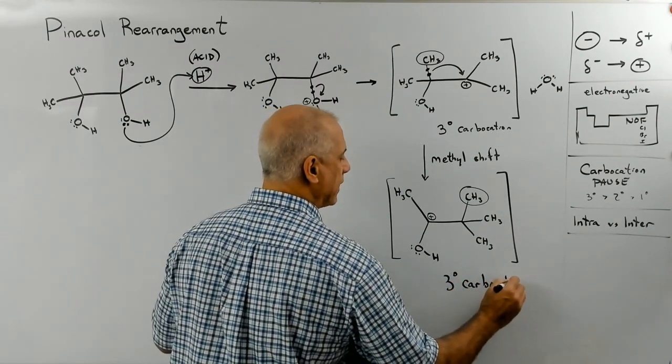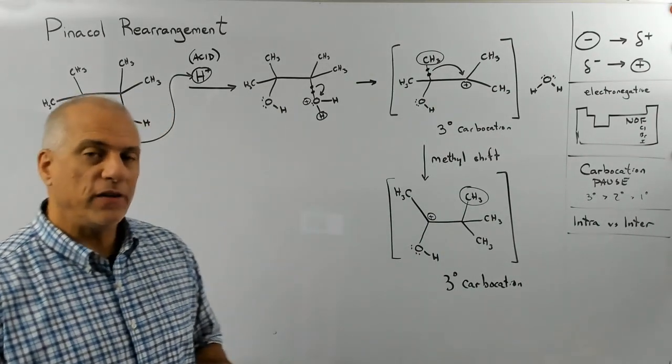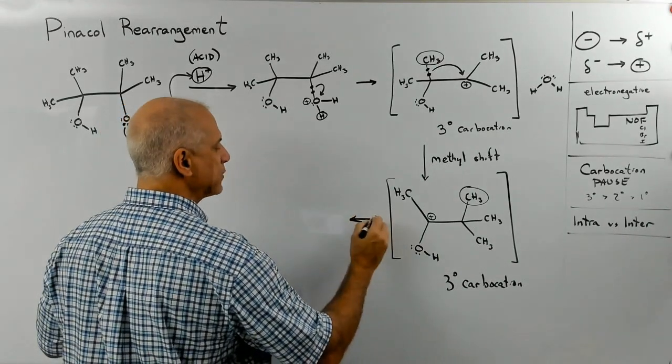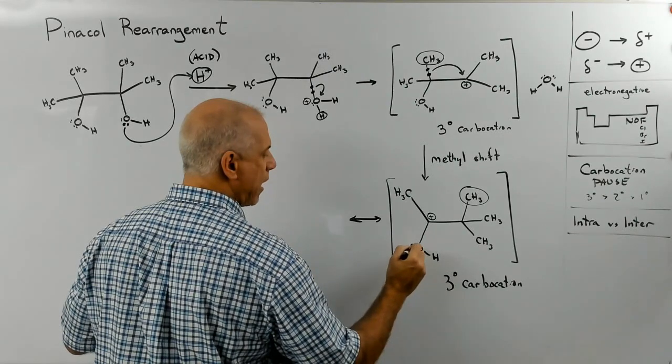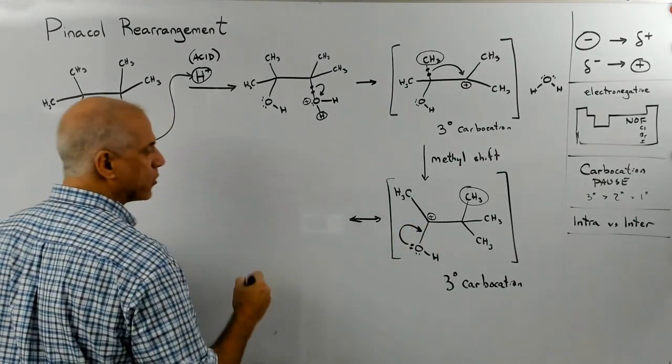Ask yourself, this is also a tertiary carbocation. Now, you might think that all tertiary carbocations are created equal. However, in this case, this tertiary carbocation has a resonance contributor where a lone pair of electrons from the oxygen of the alcohol can come in and stabilize that carbocation.